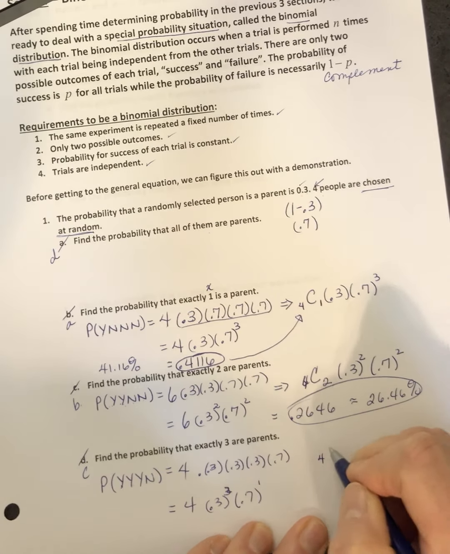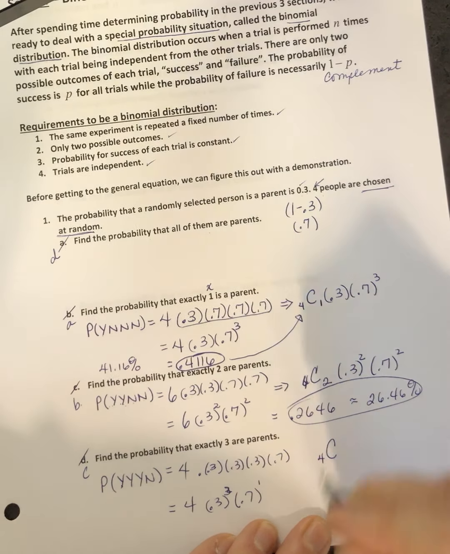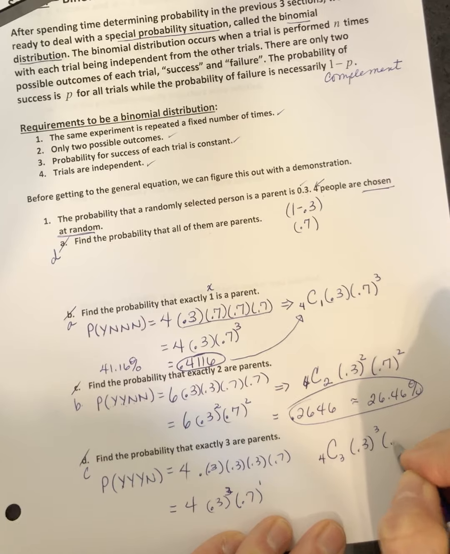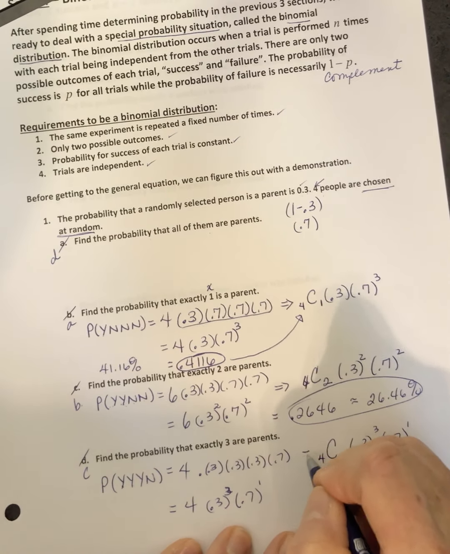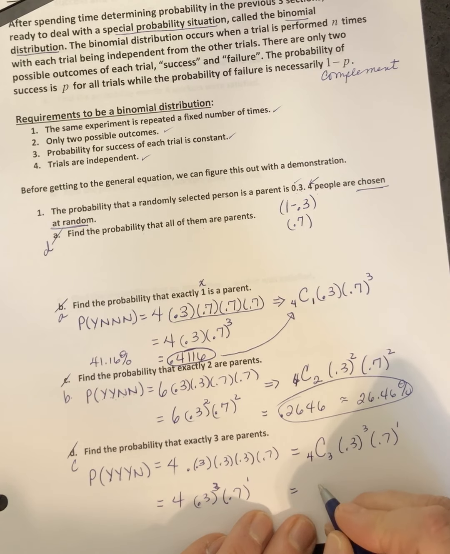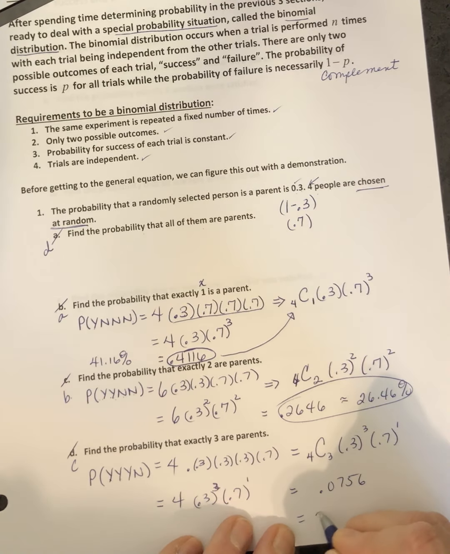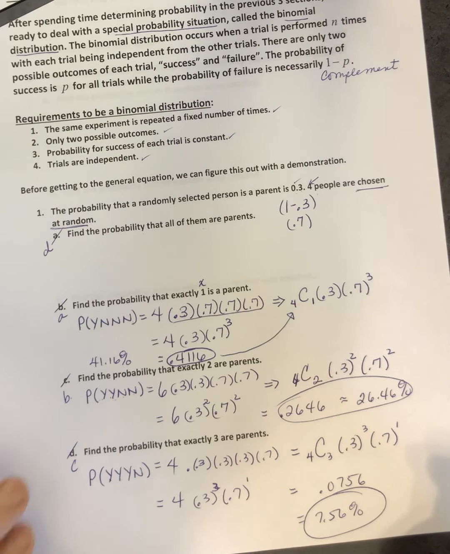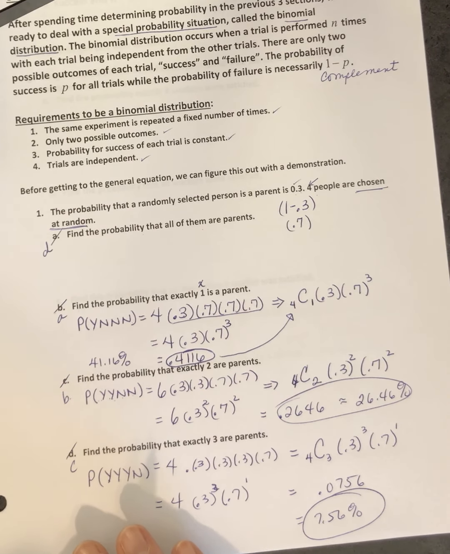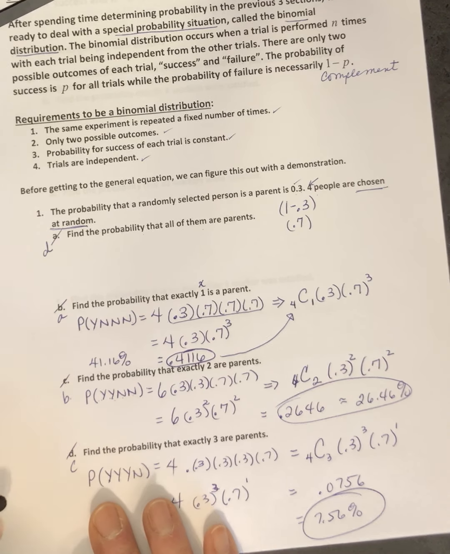So our little combination formula says 4 choose 3, 0.3 to the 3, 0.7 to the 1. And when we do that math, we're going to get 0.0756. So that's about 7.56% that all 3 from that particular choice are parents.